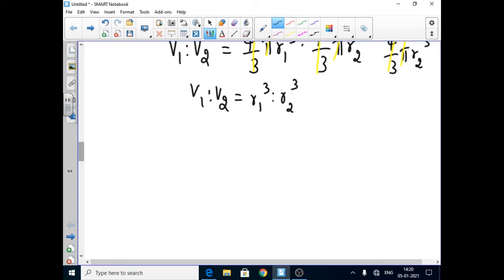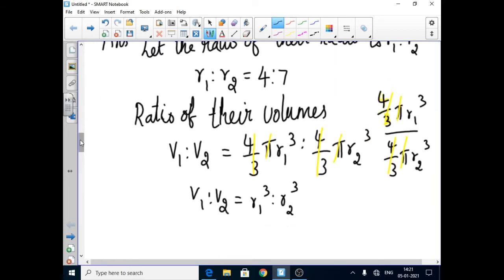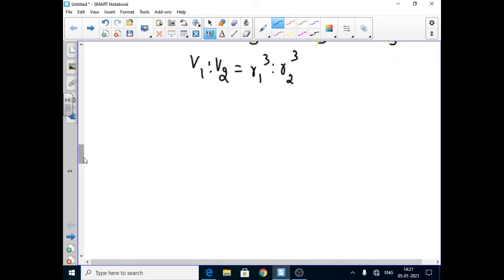So the ratio they have given, that is the ratio of radii, 4 is to 7. Okay, so 4 cube is to 7 cube. So 4 into 4 into 4 is to 7 into 7 into 7.